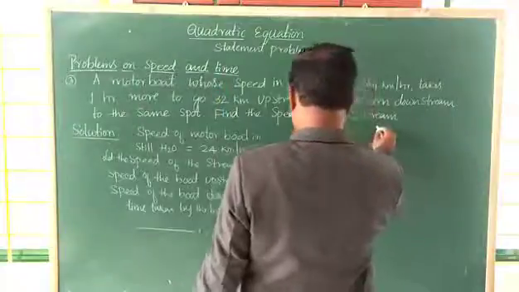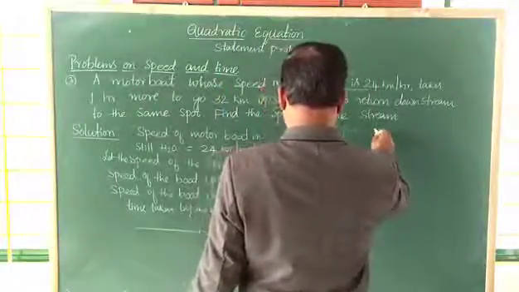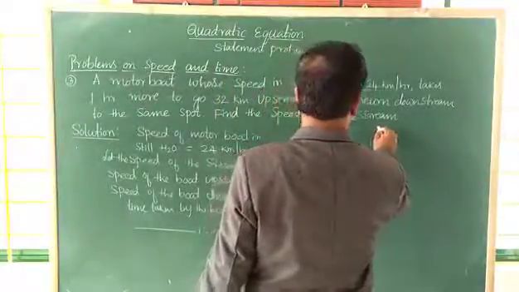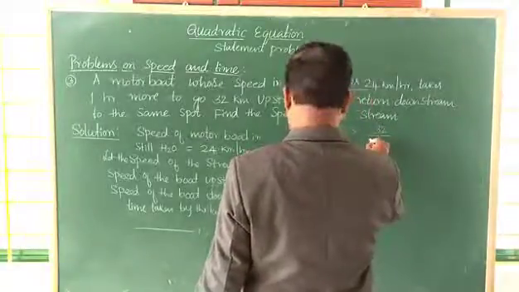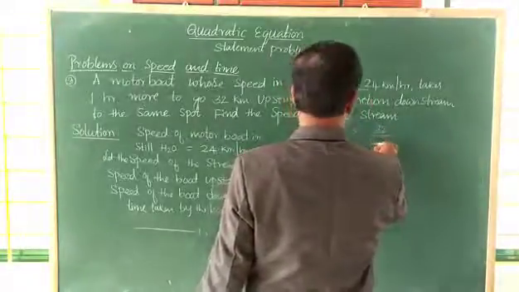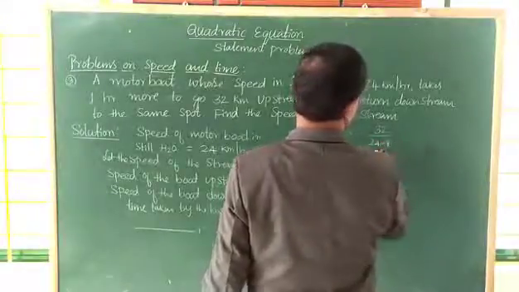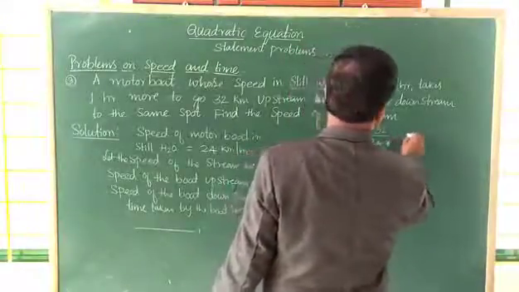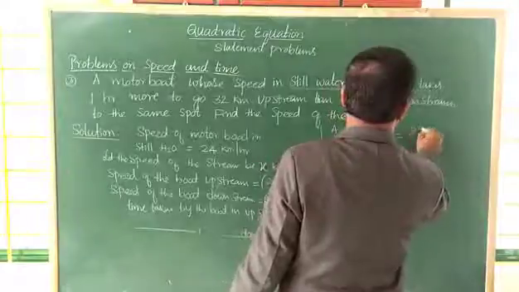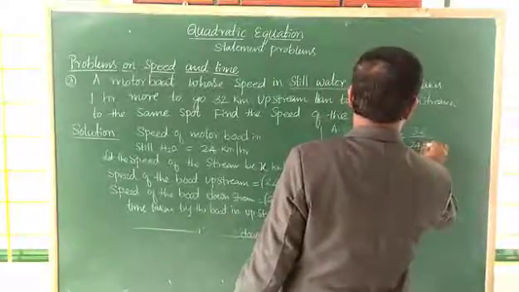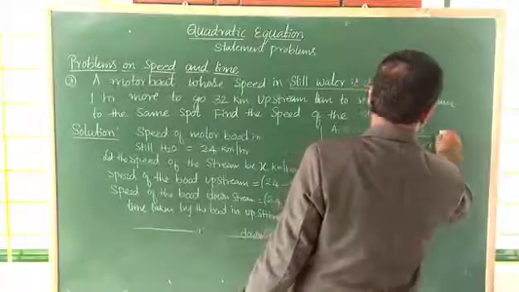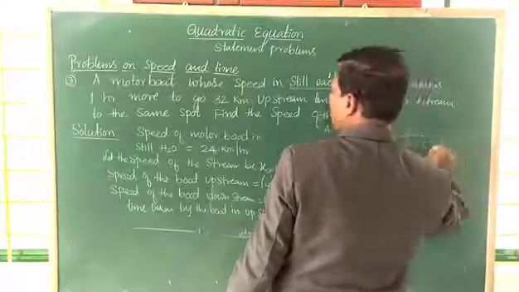So 32 by 24 minus x, this is the upstream time, is equal to 32 by 24 plus x plus 1.